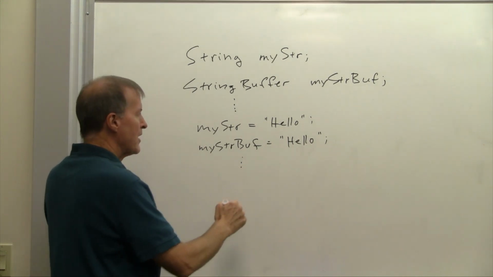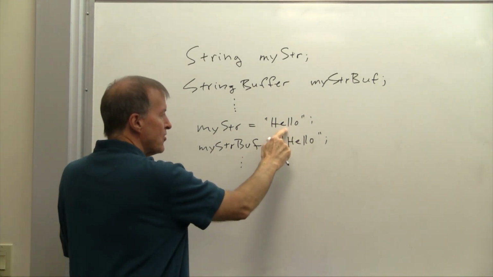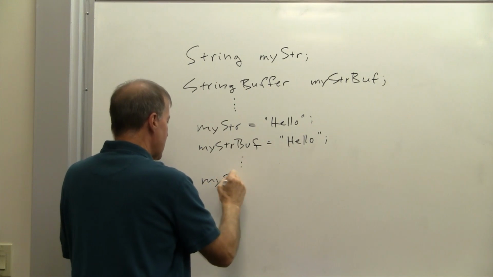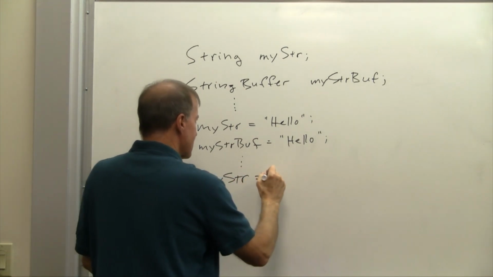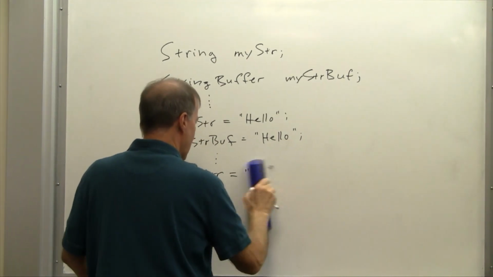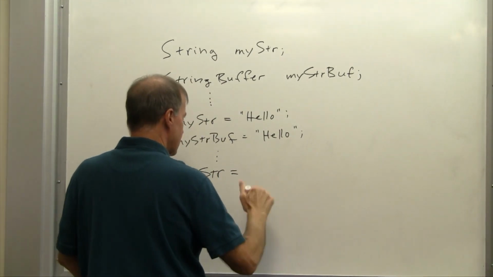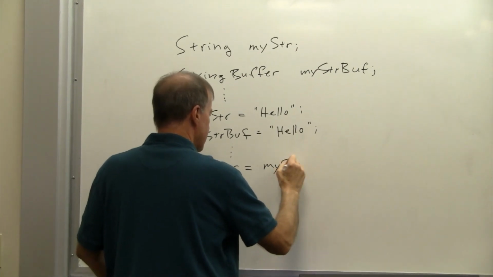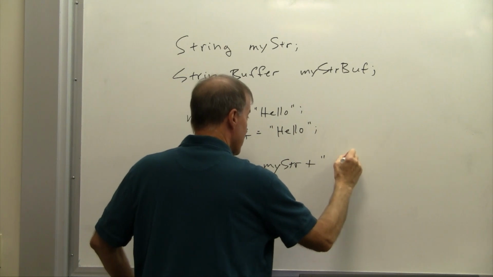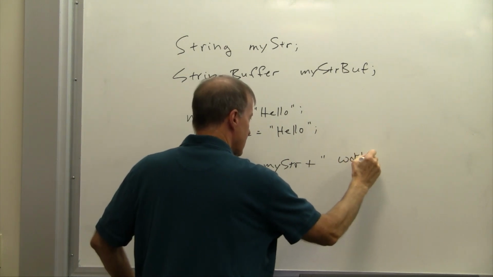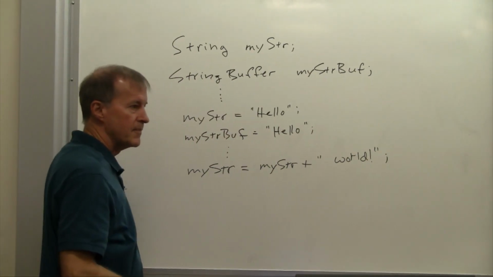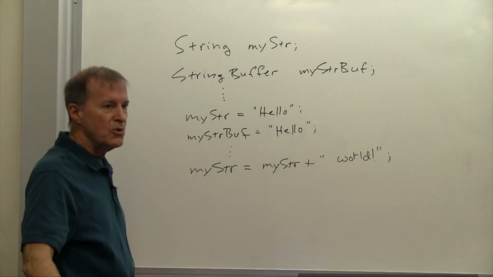If you want to concatenate "world" onto myString, here's how you would have to do it. You would have to say myString gets myString plus "world". Now, what is this doing?